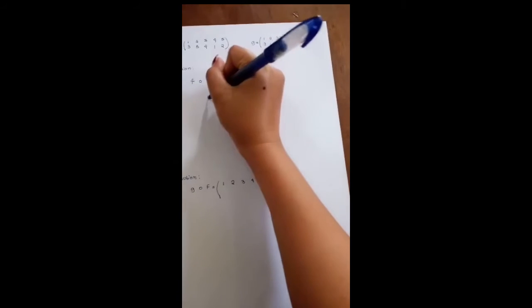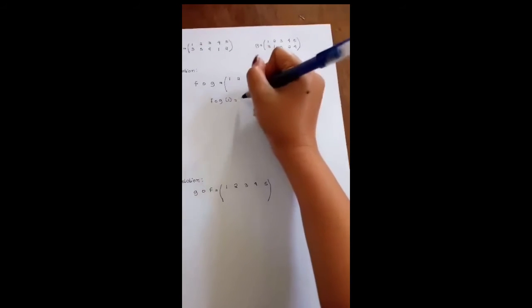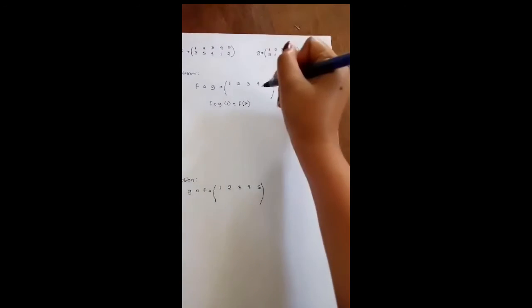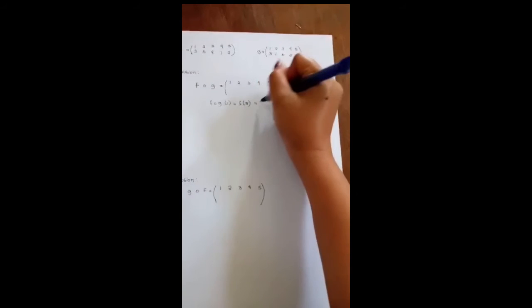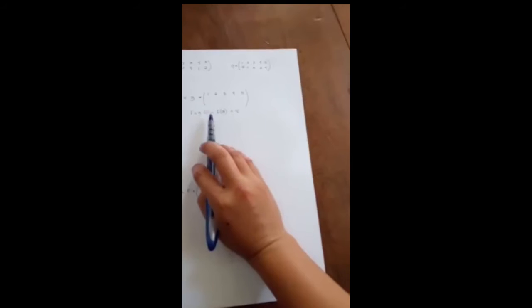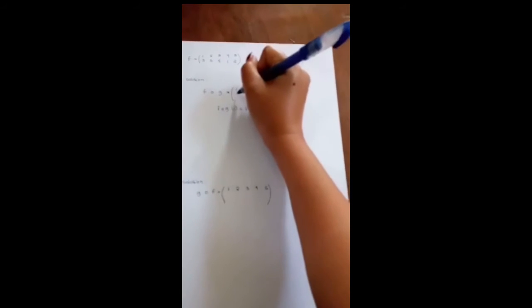So first, let us find the function composition f of g. f of g of 1 is equal to f of 3. So f of 3 is equal to 4. So f of g of 1 is equal to f of 3, which is equal to 4. So the output for number 1 is 4.